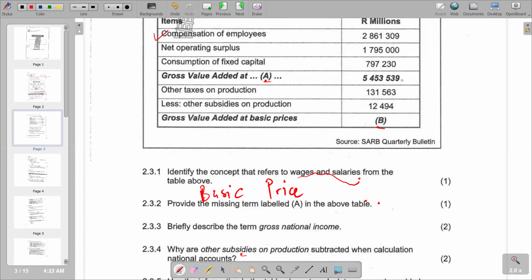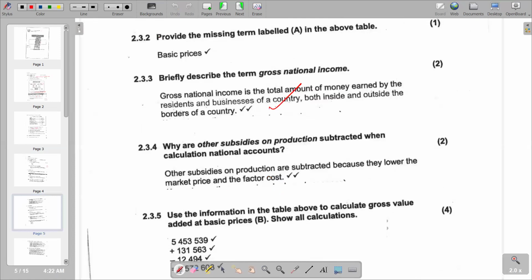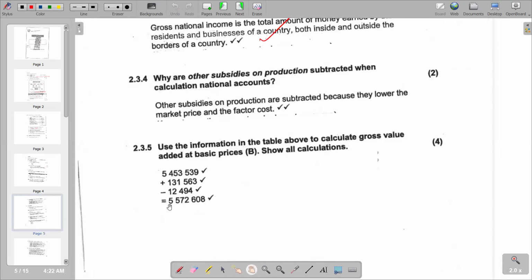So basically, you're saying 5,453,539 plus 131,463, and then you subtract 12,494. If you calculate it correctly, the answer is 5,572,608. So this becomes your final answer.